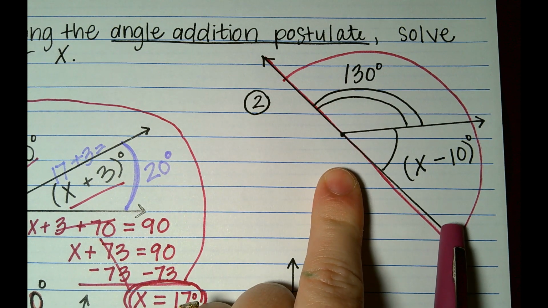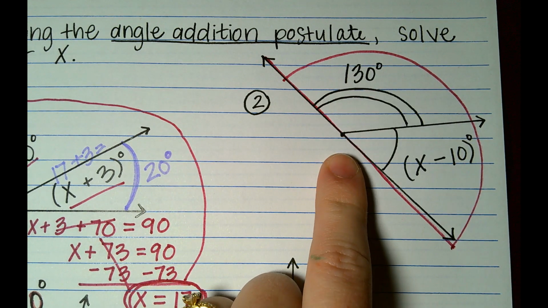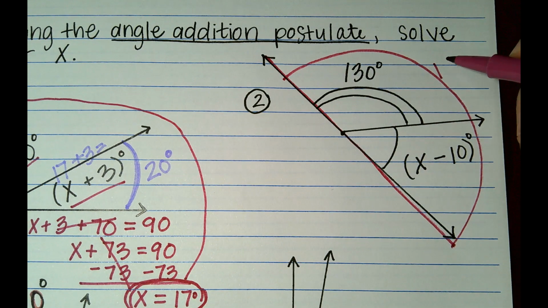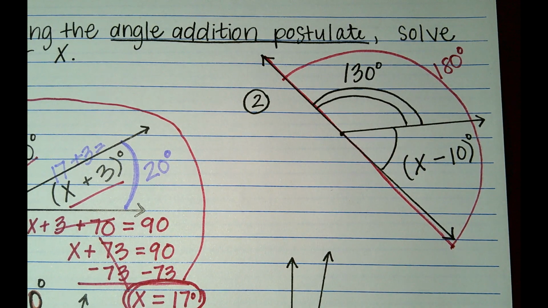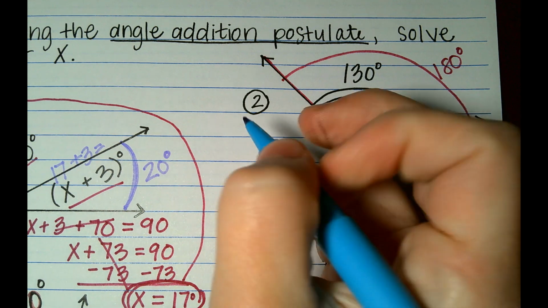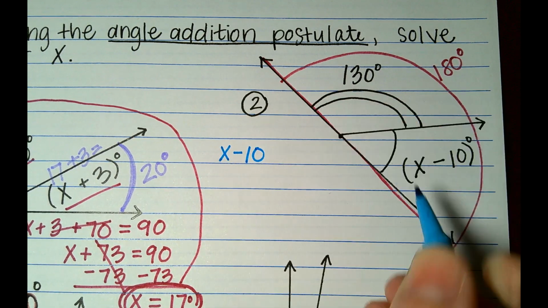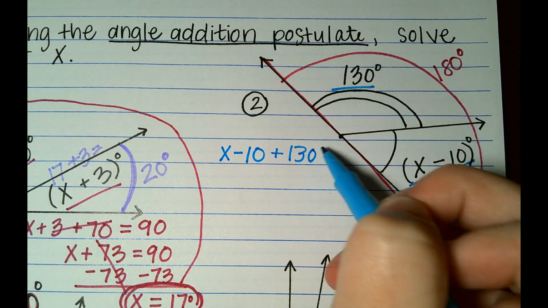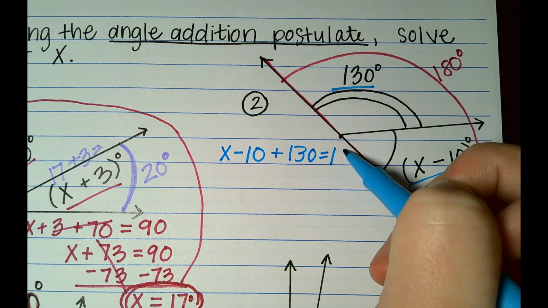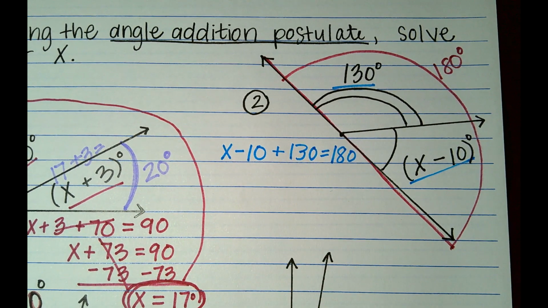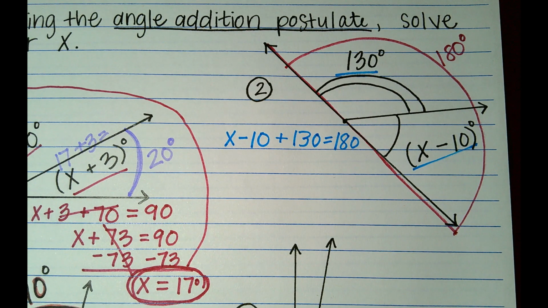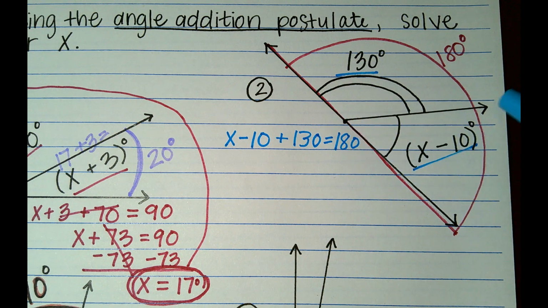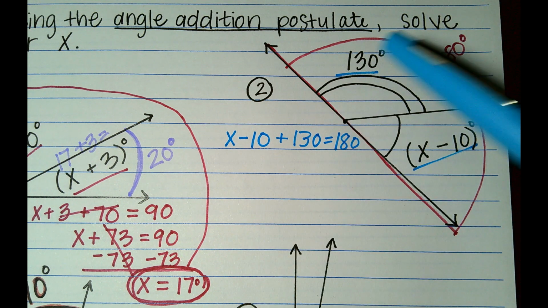So, how am I going to set an equation up to solve for x here? X minus 10 plus 130 equals 180. Perfect. So we have our equation set up. We added together these two smaller angles and set them equal to our big angle.